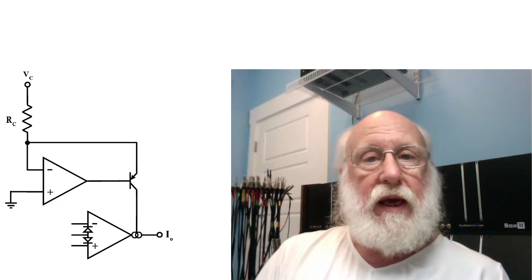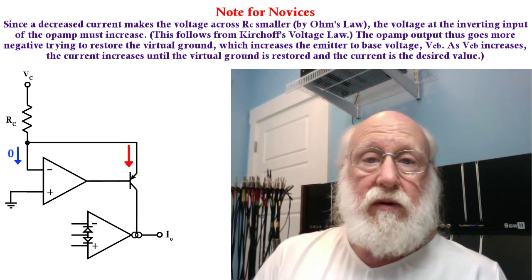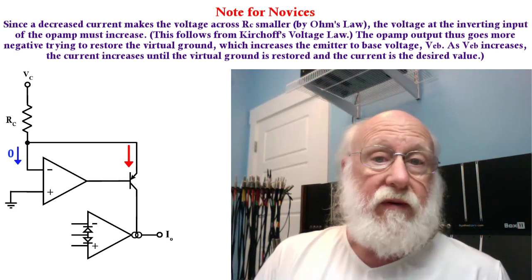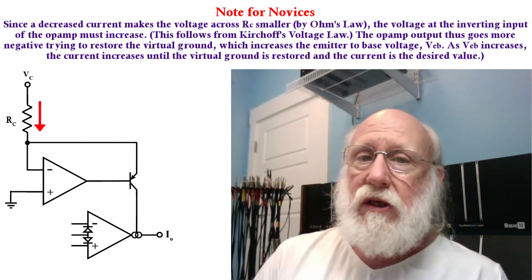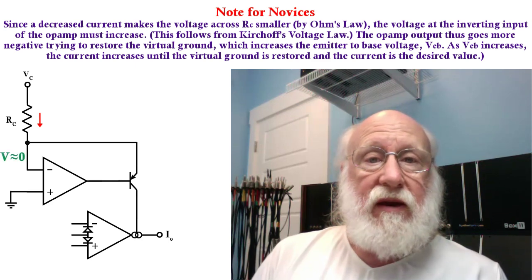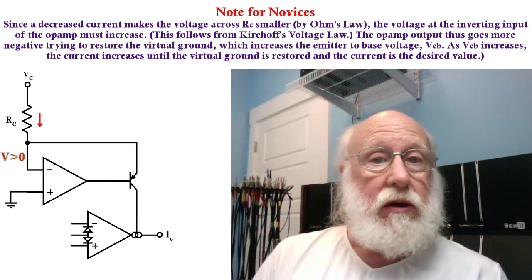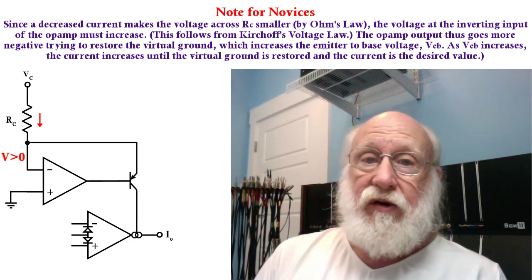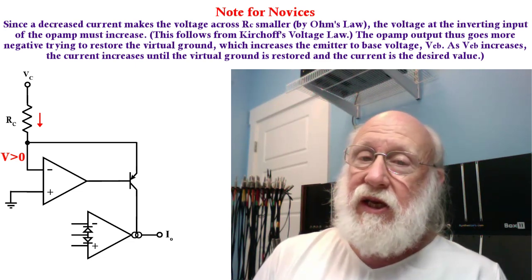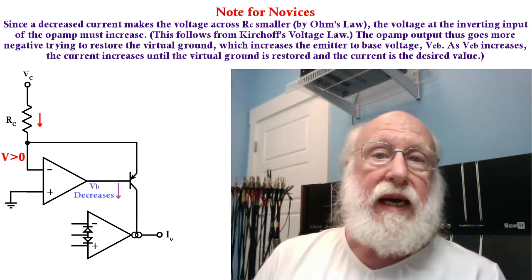Now note, if the current drops too low, since none of it goes into or out of the inverting input of the op-amp, it all goes through that resistor. If the current drops too low, the voltage at the inverting input, which is supposed to be a virtual ground, has to go up. If that voltage goes up, since that's the inverting input, then the output is going to start going negative.